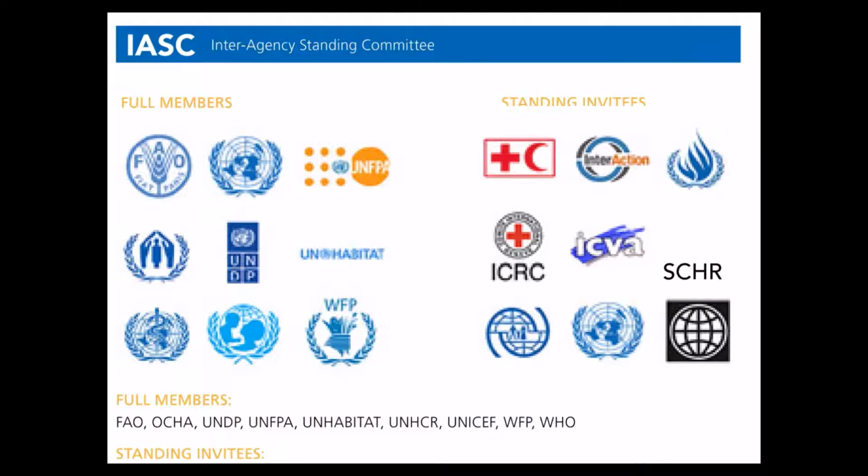Under the leadership of the Emergency Relief Coordinator, IASC develops humanitarian policies, agrees on a clear division of responsibility for various aspects of humanitarian assistance, identifies and addresses gaps in response, and advocates for effective application of humanitarian principles.